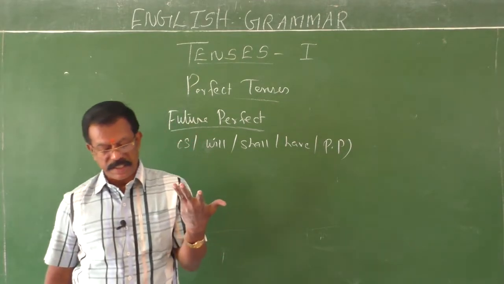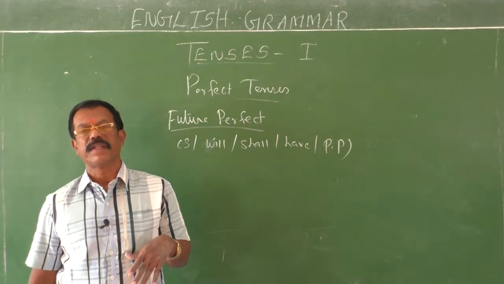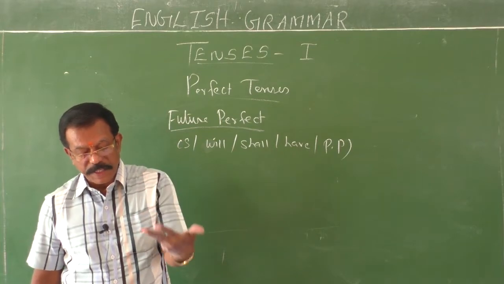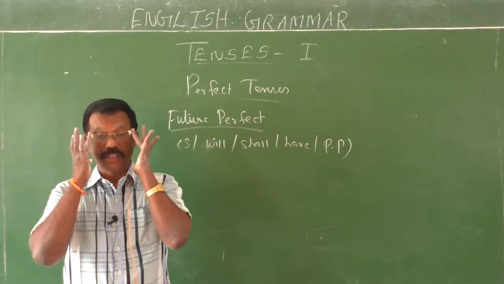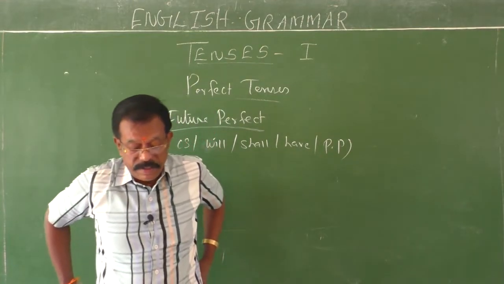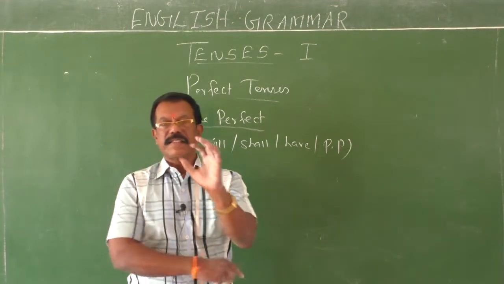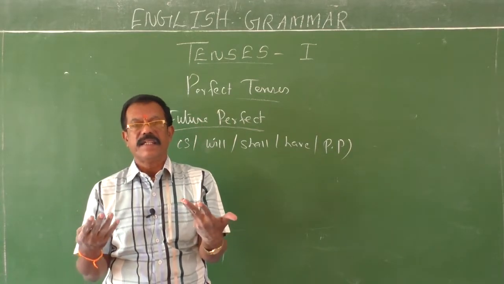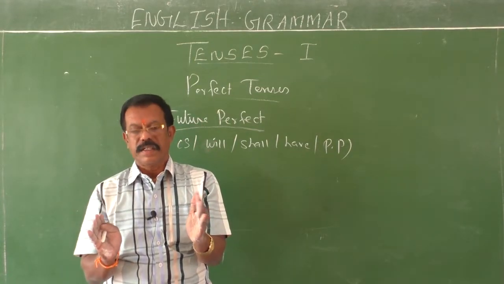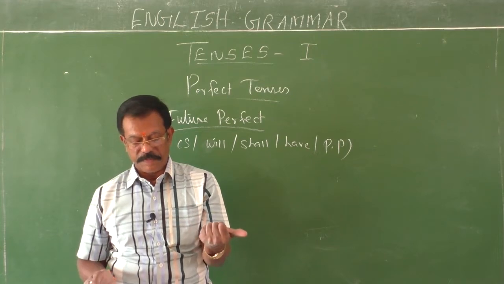The future perfect tense is used to express an action that is expected to be completed by a certain time in the future.